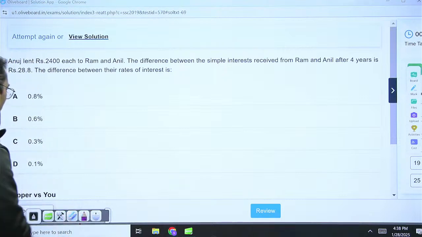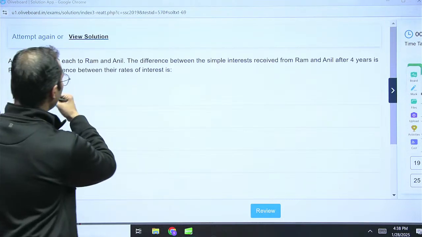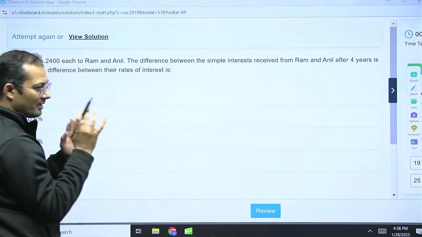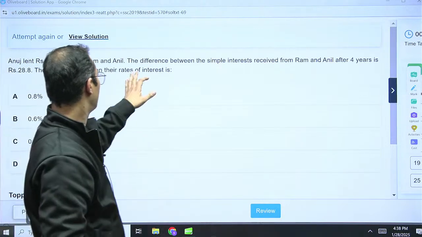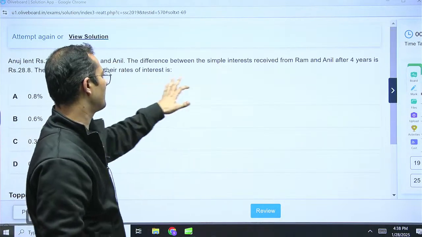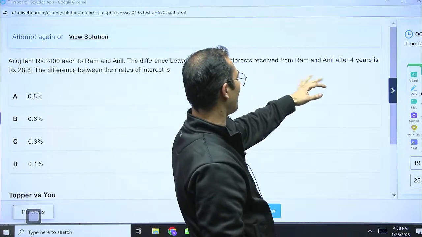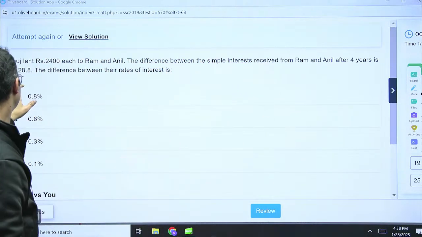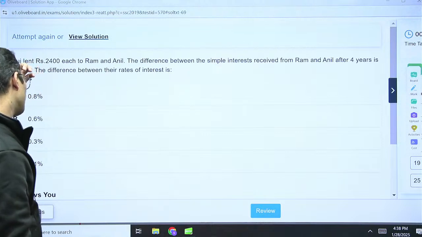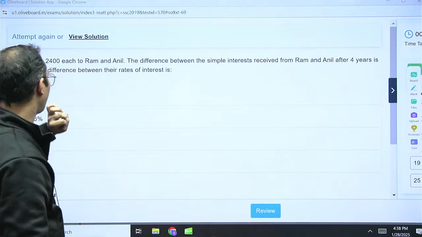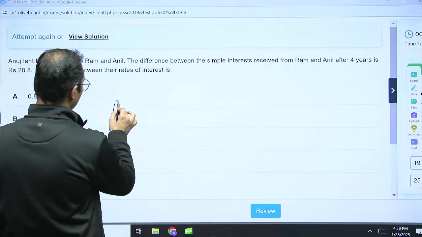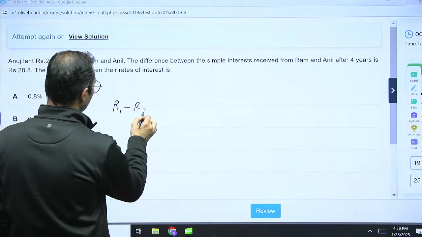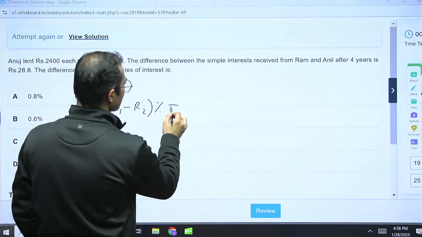See, Anuj lent rupees 2400 to Ram and Anil. So the principal value is same, right? Given amount same. The difference between the simple interest received from Ram and Anil after 4 years. Time is also same. So is rupees this. Then find the difference between the interest rate. So simply we can say that R1 minus R2% is always given. So what is the difference?